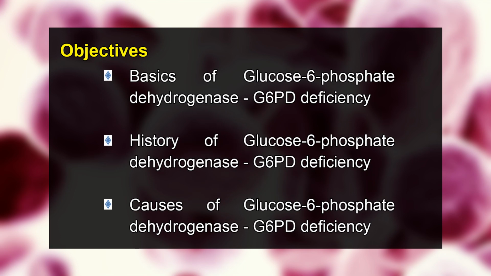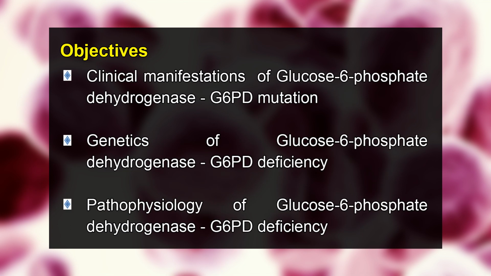The main objectives of today's lecture are to know the basics of glucose 6-phosphate dehydrogenase deficiency, to know the history of glucose 6-phosphate dehydrogenase deficiency, to understand the causes of glucose 6-phosphate dehydrogenase deficiency, to discuss the clinical manifestations of glucose 6-phosphate dehydrogenase mutation, to discuss the genetics of glucose 6-phosphate dehydrogenase deficiency, and to discuss the pathophysiology of glucose 6-phosphate dehydrogenase deficiency. Dear students, let's start with the introduction first.